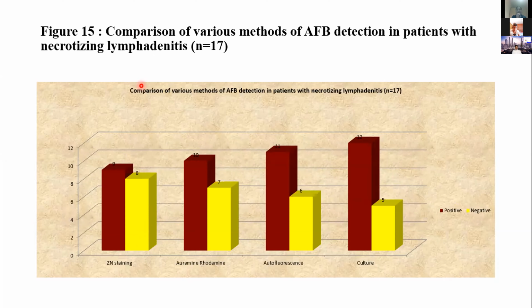Now, in the patients with necrotizing lymphadenitis, first we compared the aspirates, and now we are comparing the cytomorphological patterns. In 17 cases with necrotizing lymphadenitis, the highest sensitivity was shown with autofluorescence, followed by auramine rhodamine, followed by Zn staining.